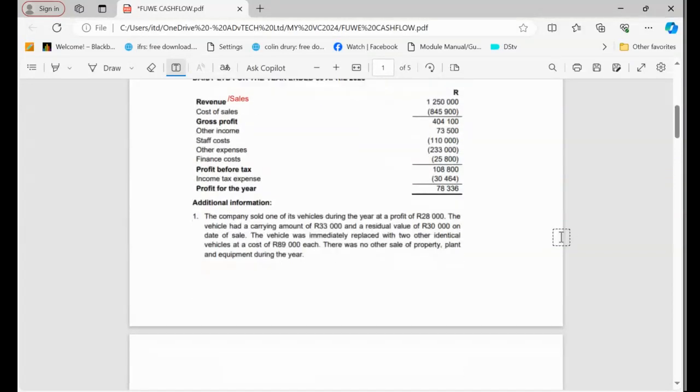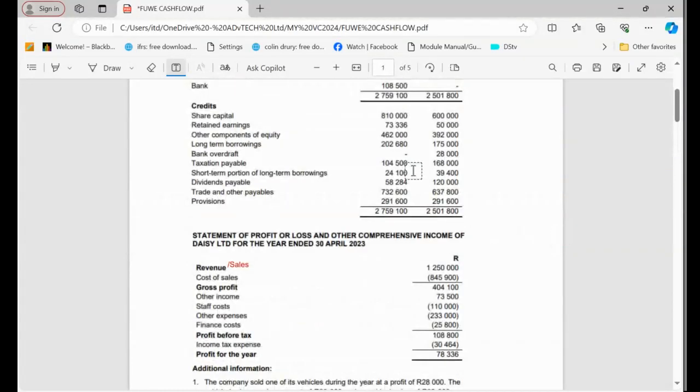So I'm going to write something here. From those periodic systems, I remember sometimes they wanted you to calculate cost of sales.